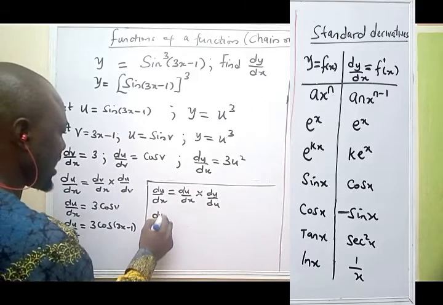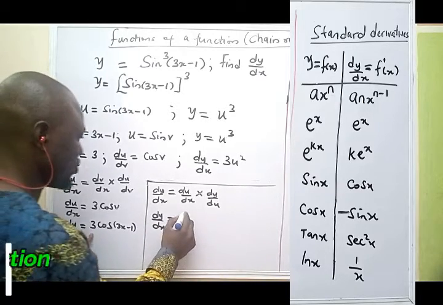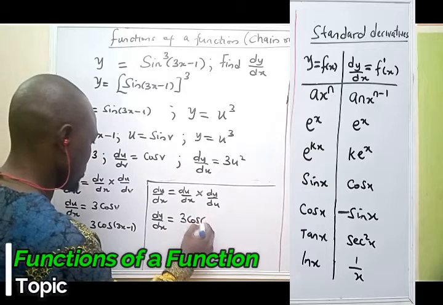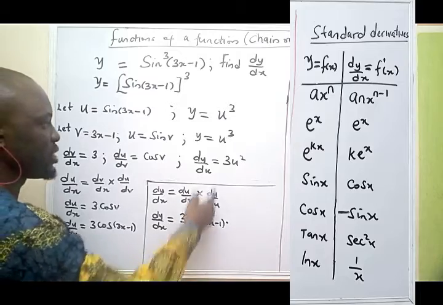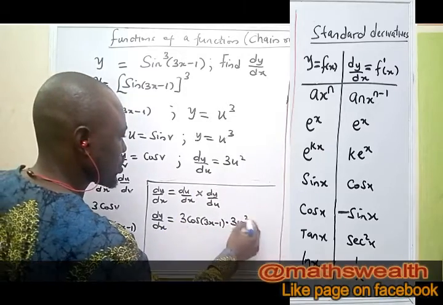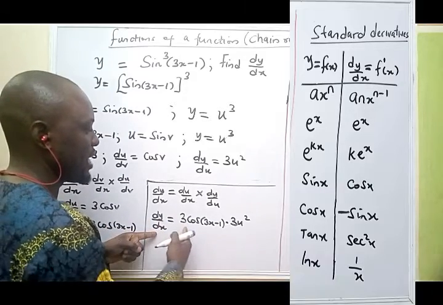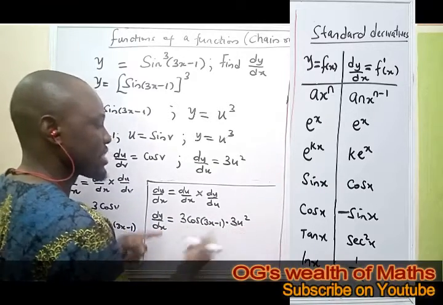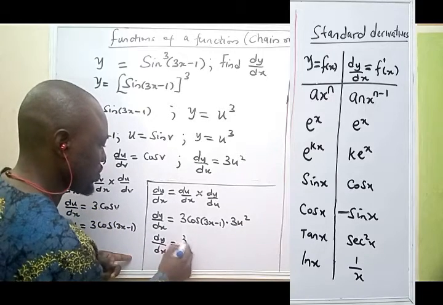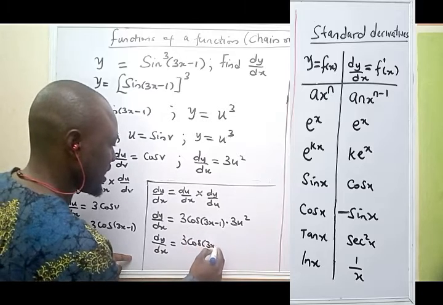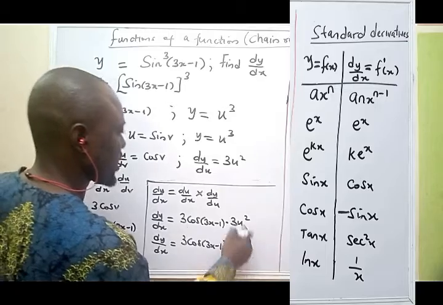So dy/dx will be, du/dx is 3 cos (3x minus 1), dot, dy/du is 3u squared. Because I'm differentiating y with respect to x, my answer needs to be in terms of x, not in terms of x and u. So I'm going to substitute the value. So 3 cos (3x minus 1) dot 3 into bracket u.